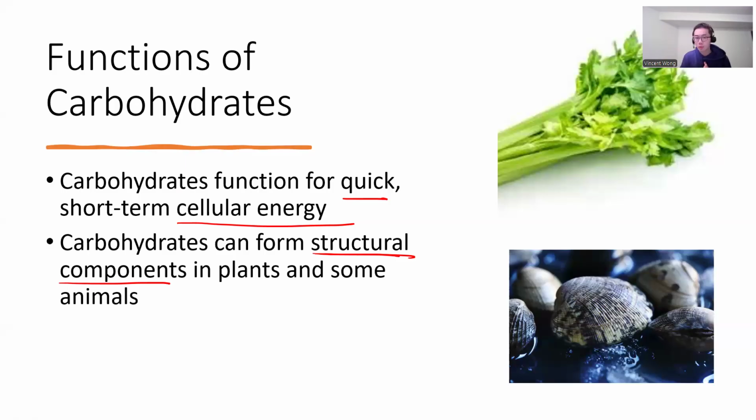We humans do not use carbohydrates for structural components. None of the structures in our body is made of carbohydrates. We primarily use it for producing energy. Plants are crunchy. The crunchy parts of the plants are made up of, again, a type of carbohydrate.